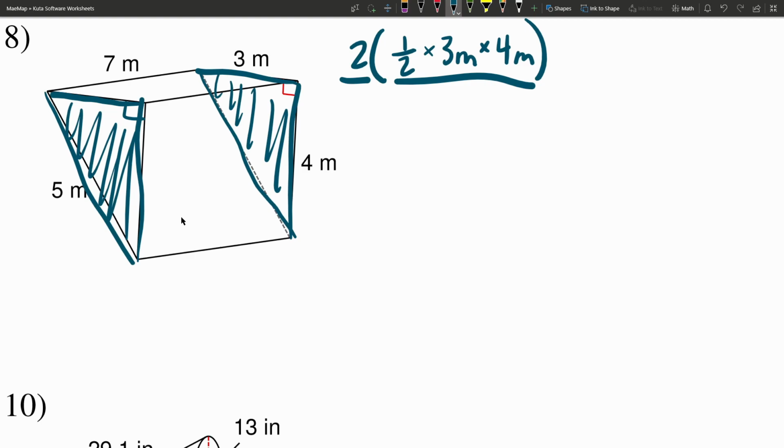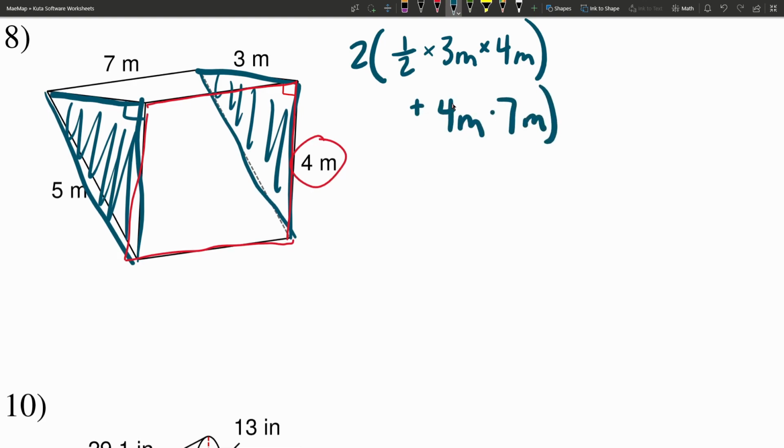So now we just have 3 other sides to figure out. We have this side here, the front side, which happens to be 4 meters by 7 meters. So let's add the area of both our bases to this next side of 4 meters times 7 meters. So that takes care of one side.